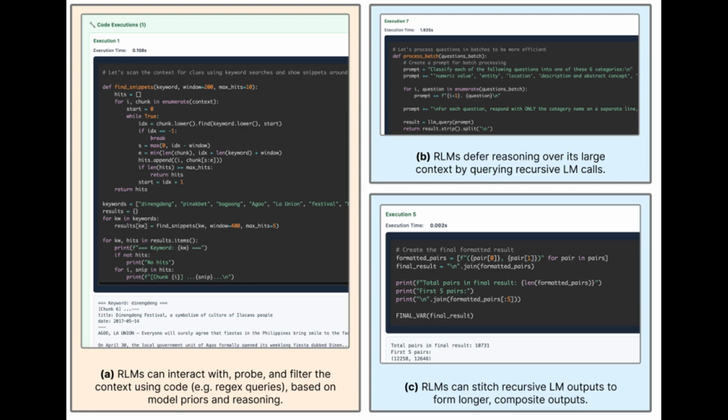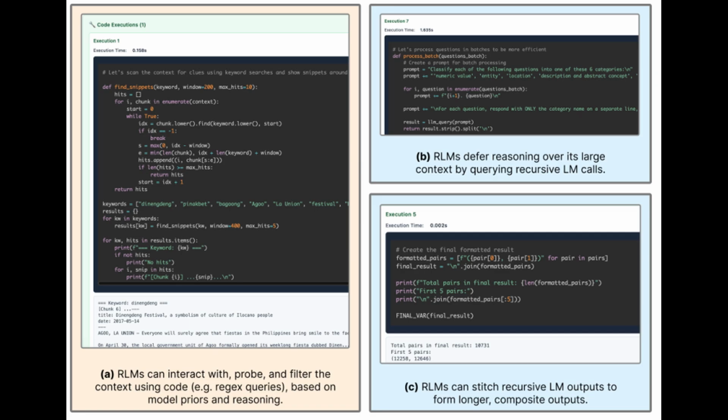It's creating a sliding window to scan through the text and find relevant sections without having to process the entire document. And what's fascinating is that the paper observed RLMs using model priors to guide these searches. For example, they saw RLMs searching not just for keywords explicitly mentioned in the prompt, but also for related terms the model has prior knowledge about.